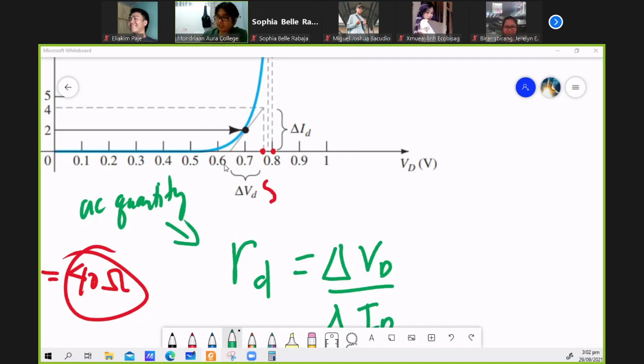Okay? So itong value na to, this is 0.8 volts. Itong value na to is 0.78. Hindi natin makikita yan, unless talagang sinabi yung given. So 0.8 and 0.78. Ibig sabihin, naglalaro yung voltahe natin sa pagitan ng 0.78 at 0.8 volts.